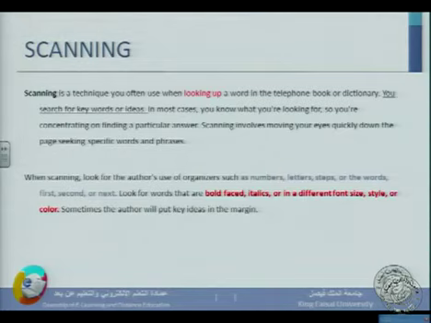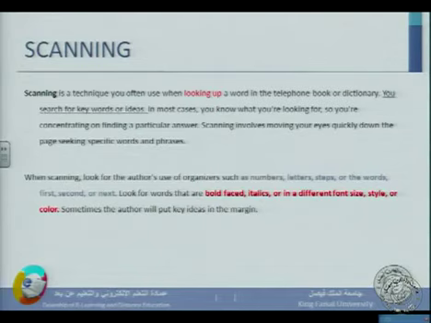Scanning involves moving your eyes quickly down the pages, seeking specific words and phrases. This is the meaning of scanning. Once you read, you look at the lines so quickly, moving your eyes quickly down the page.